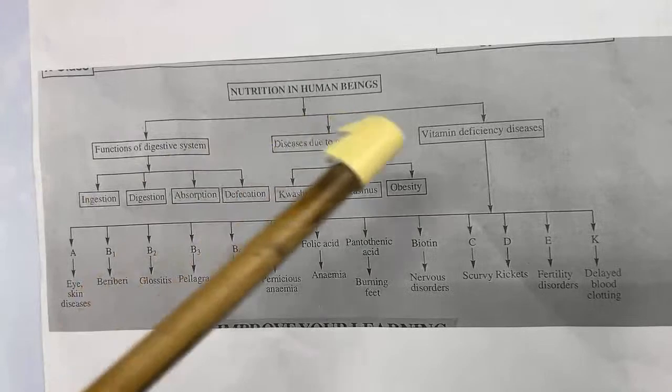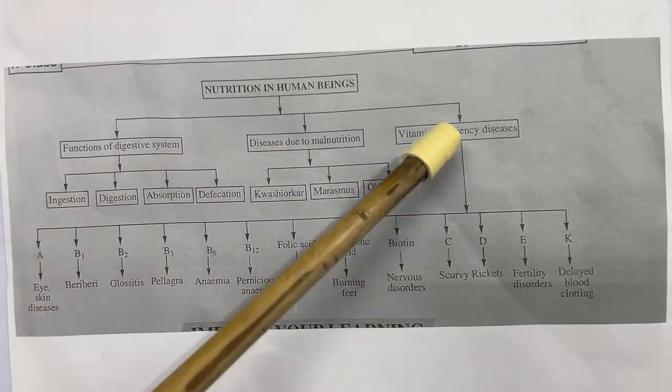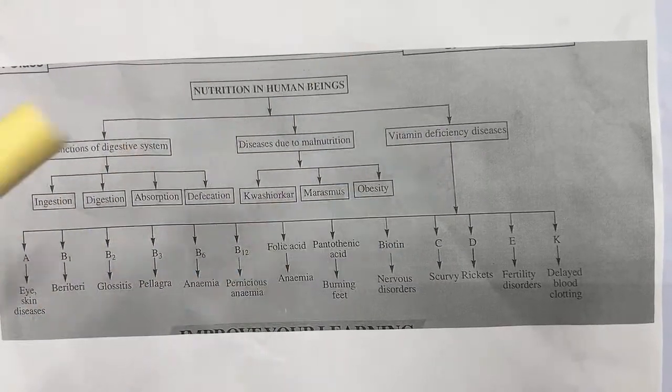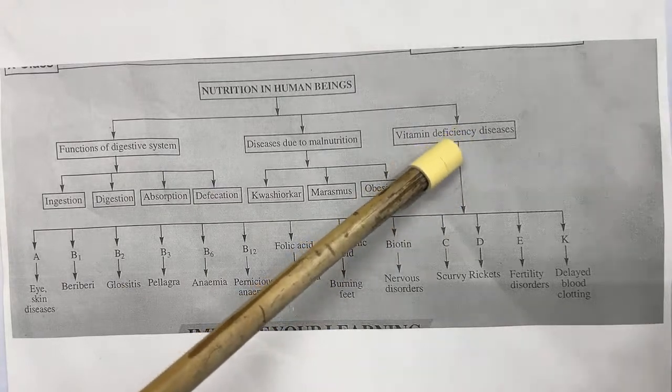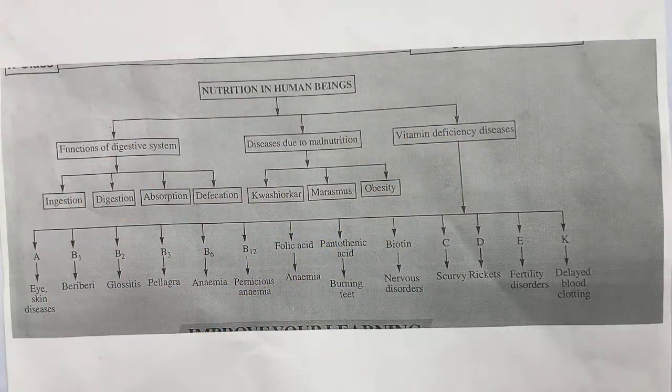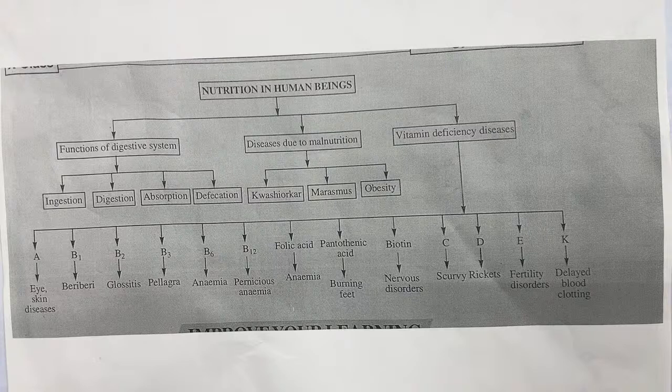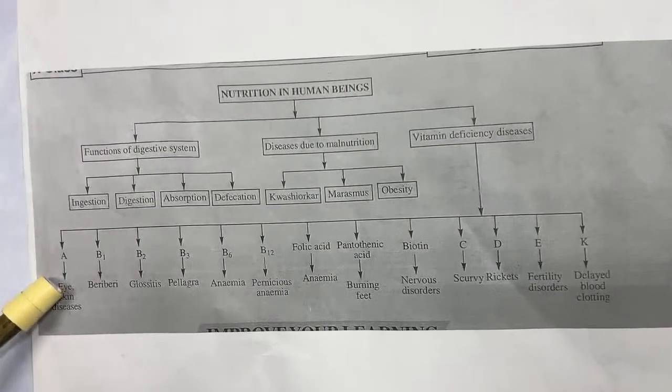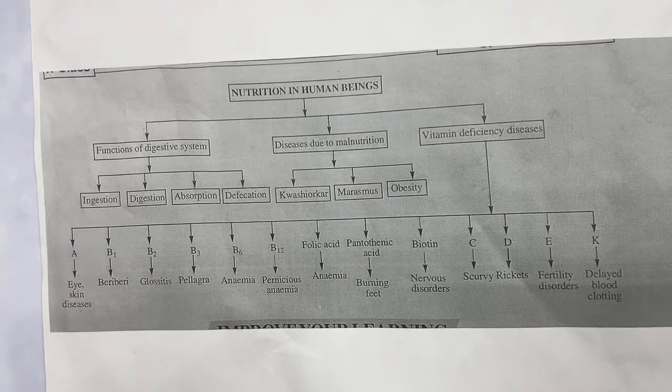Now, one more thing: vitamin deficiency. Let us see how many vitamins there are and what deficiencies people face. First one, vitamin A. With vitamin A deficiency, people get eye and skin disease.